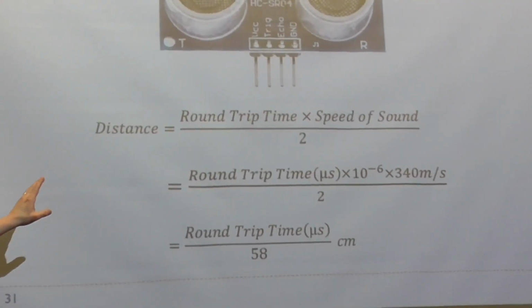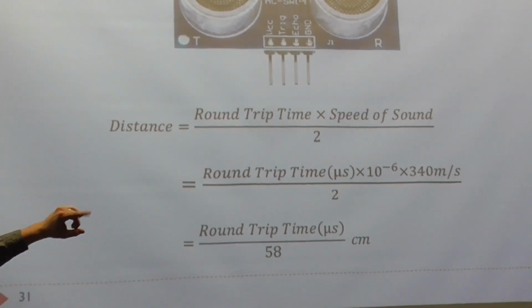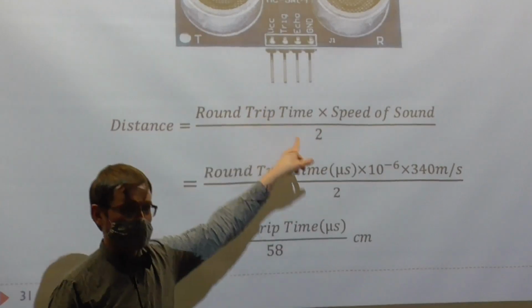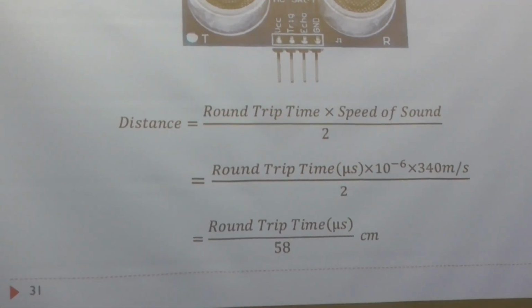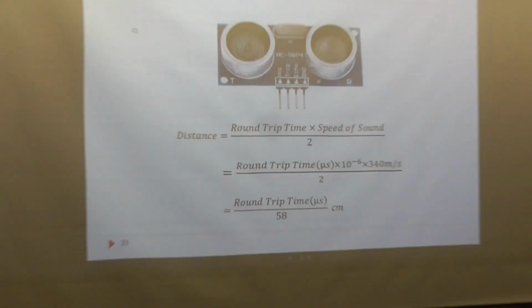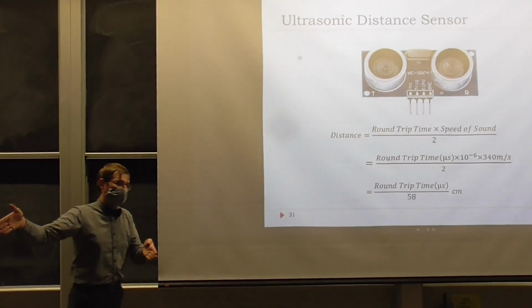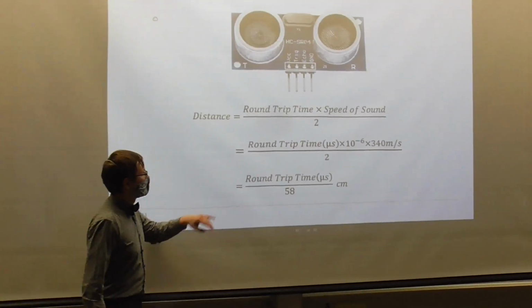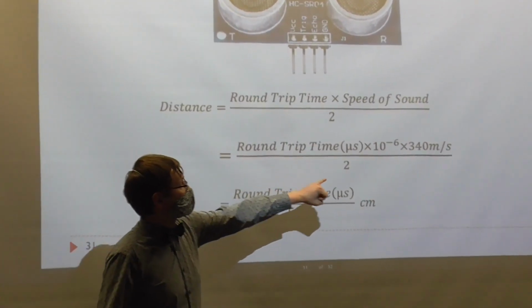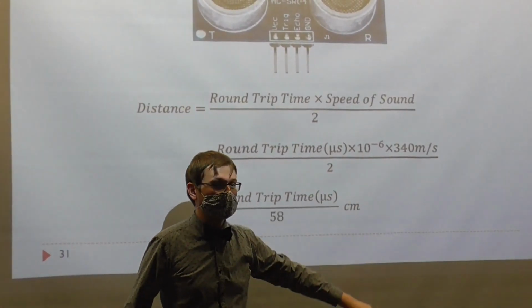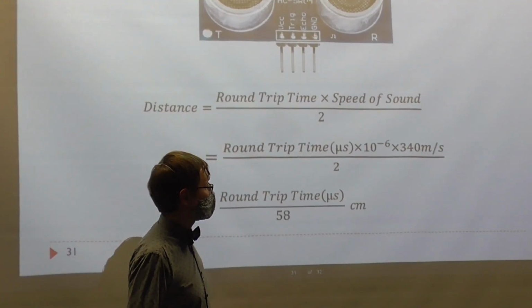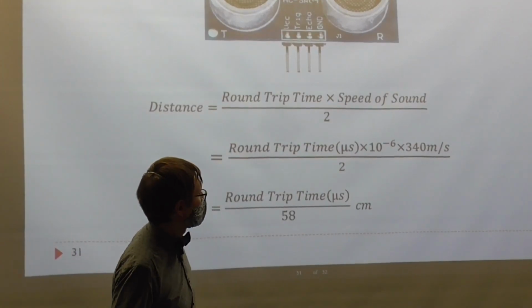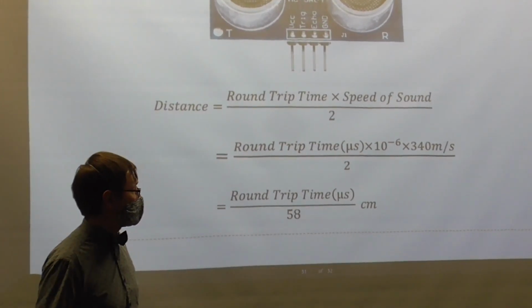The distance is the round trip time times the speed of sound divided by 2. The round trip time is something that you measure. It's the distance in time between the sending of the signal and the receipt of the echo wave. The speed of sound, in nominal atmospheric conditions, is 340 meters per second.